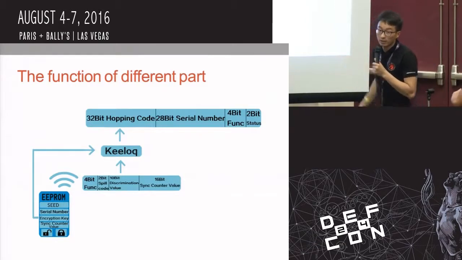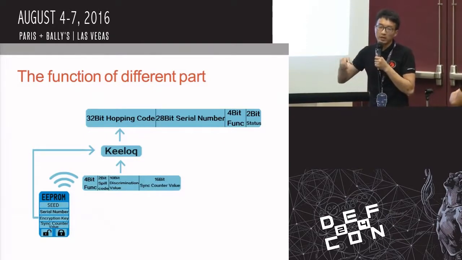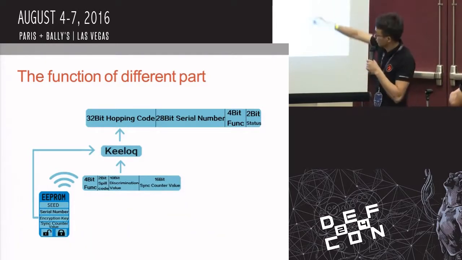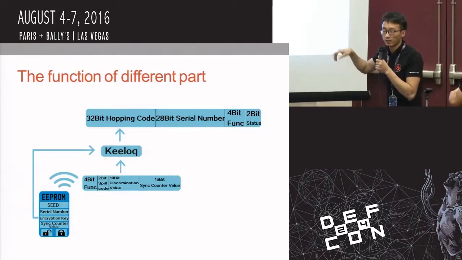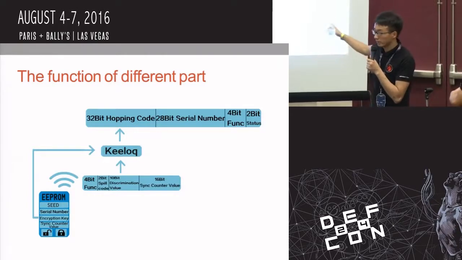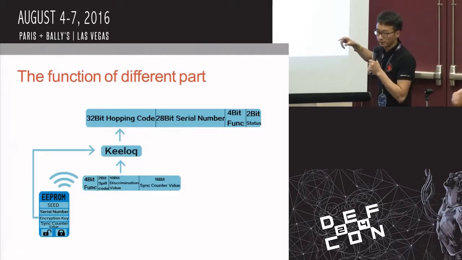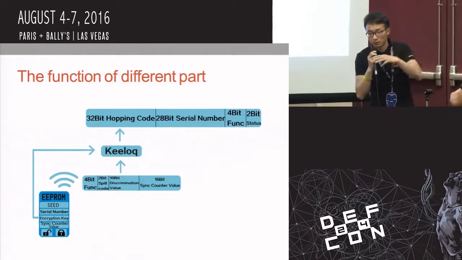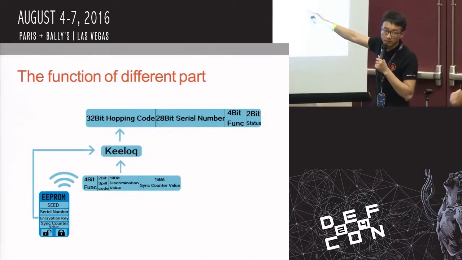It waits until it receives a second signal, and if the second signal contains a continuous sync counter value, larger than the formerly received sync counter by 1, the car will respond to the function code and change the old one stored in the car to the last received sync counter.